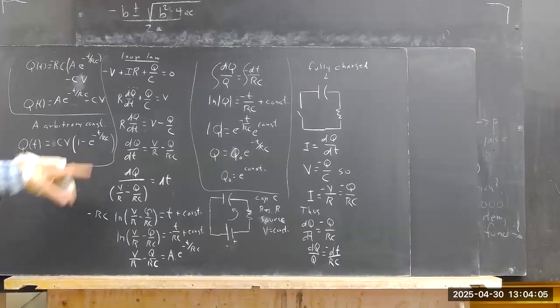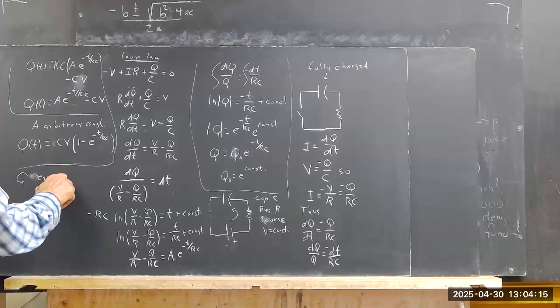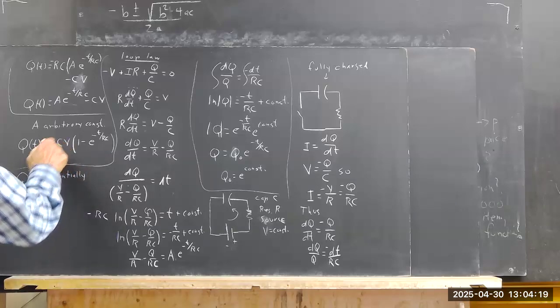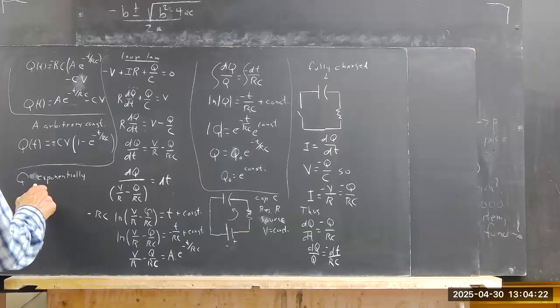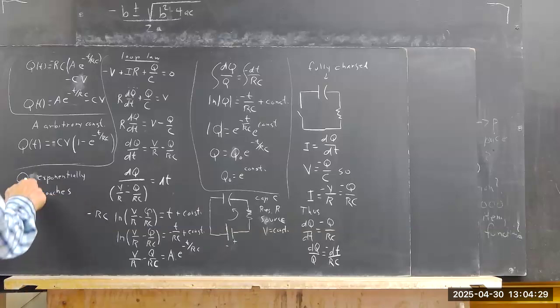And the interpretation of this is Q exponentially approaches CV, negative CV.